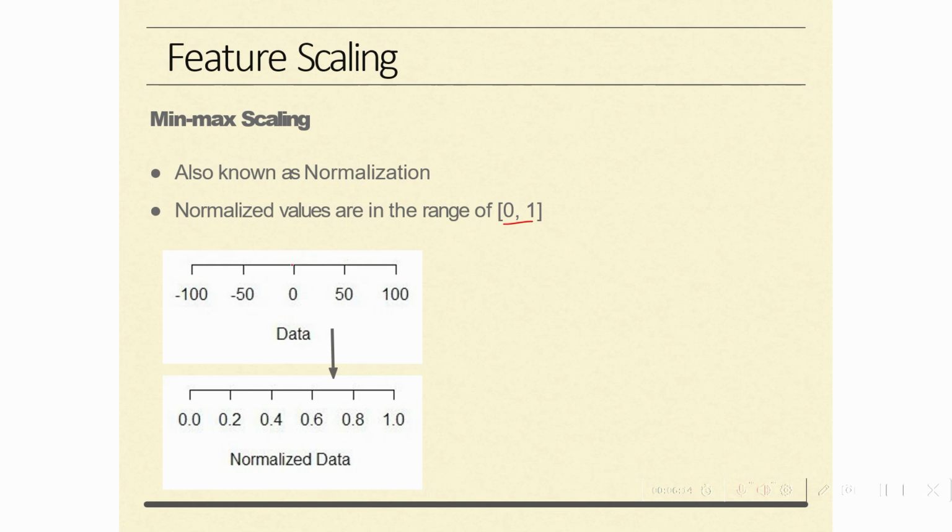On this data we apply the normalization technique, and the original data is converted into normalized data in the range 0 to 1: 0.0, 0.2, 0.4, 0.6, 0.8 and 1.0. All the data is converted between 0 and 1. Simply, this process is called min-max scaling or the normalization technique.